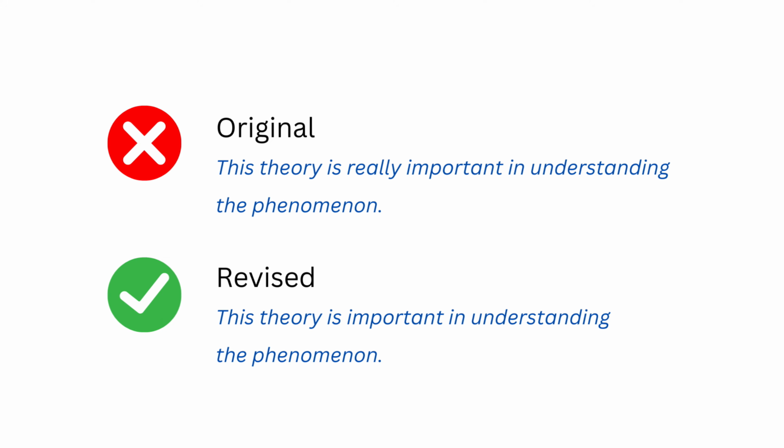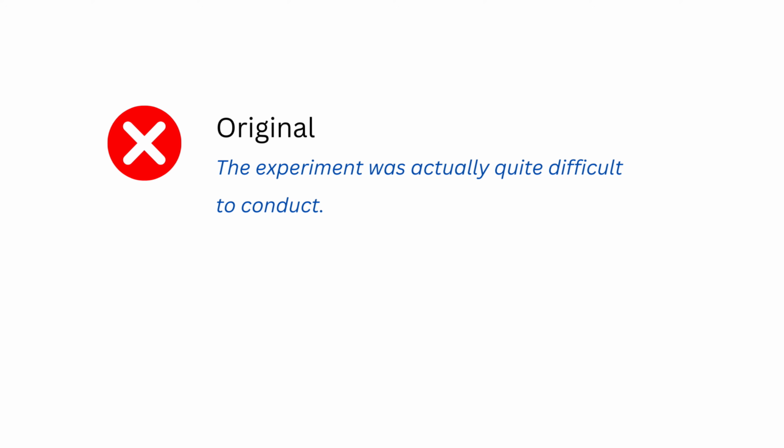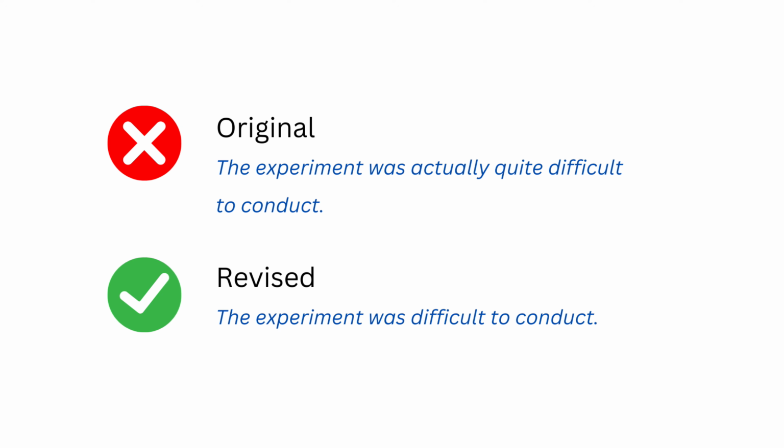Removing really makes the sentence more concise without changing its meaning. Another example, rather than writing, "The experiment was actually quite difficult to conduct," you could write, "The experiment was difficult to conduct." Filler words tend to weaken your writing rather than strengthen it. By removing them, you create a more authoritative, clear tone, and that makes you sound more confident.